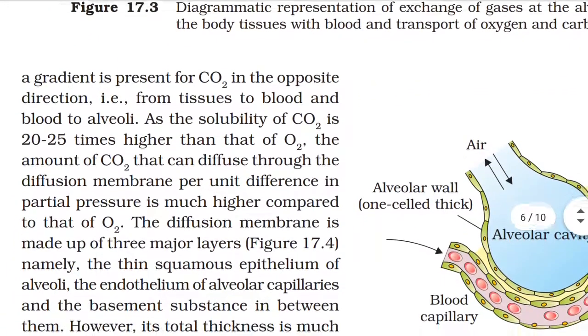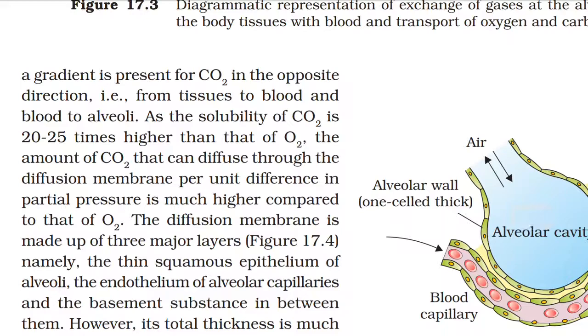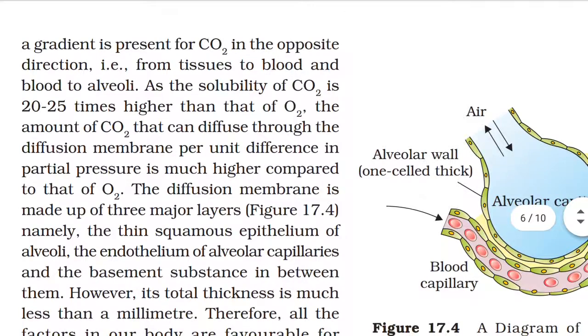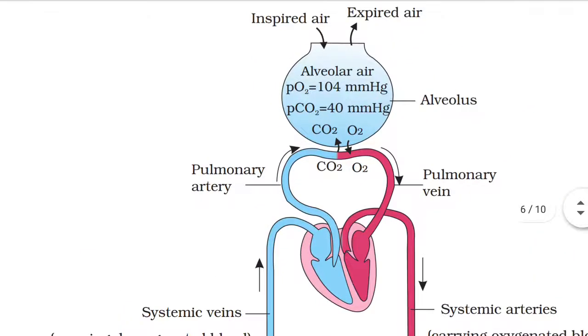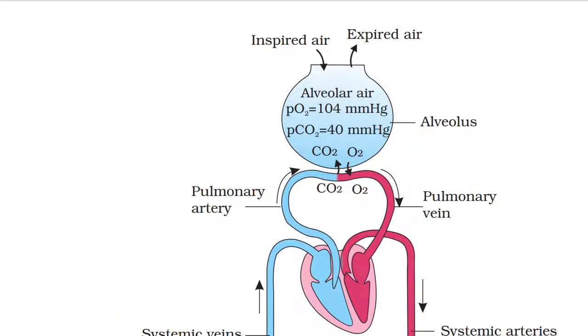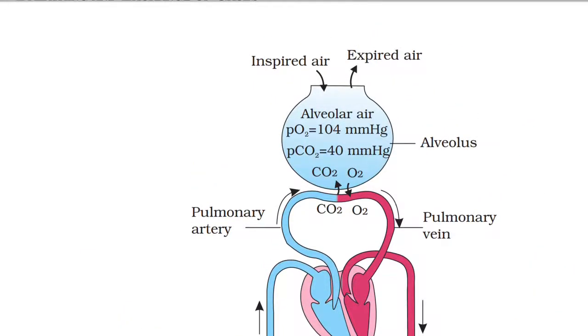A gradient is present for carbon dioxide in the opposite direction. It always moves from the higher gradient to the lower gradient, from tissues to blood and blood to alveoli. In the alveolar air, the PO2 is more, so oxygen moves from the alveolar air to the pulmonary vein.